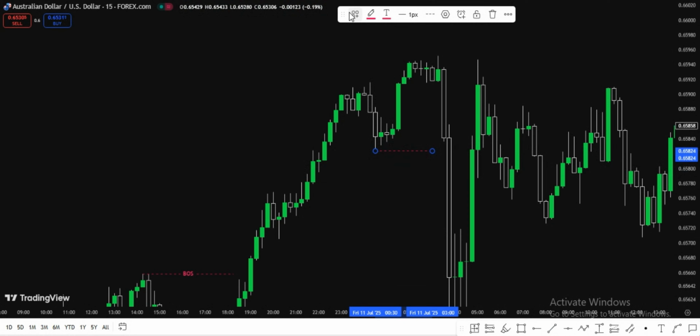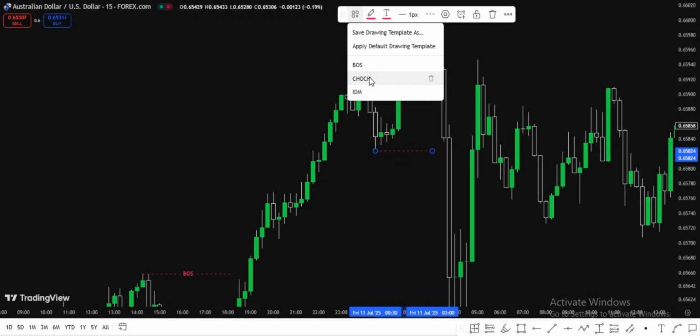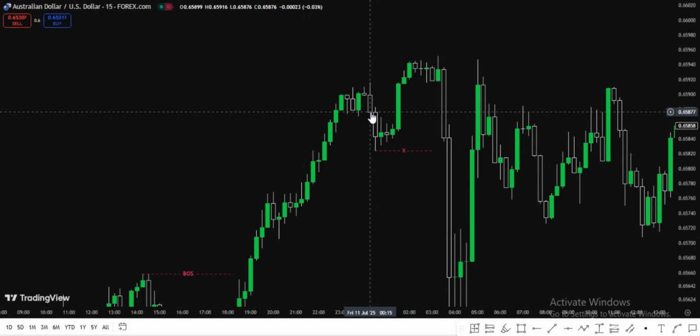Why is this inducement? As I told you, here we have this candle low protected by this candle, but after this, this candle took out the previous candle low and then pushed up.